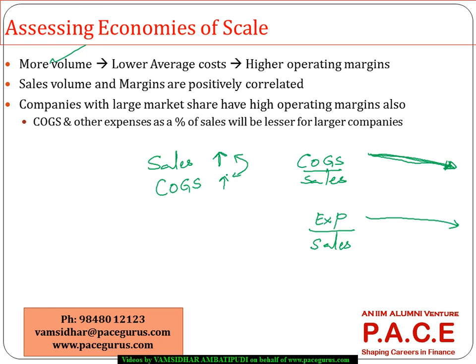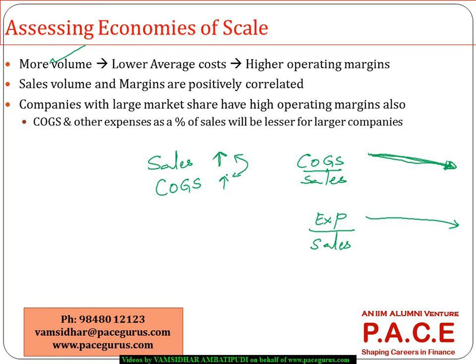If economies of scale are operating, then the average costs will go down, both of cost of goods sold as well as the total expenses, which will result in higher operating margin.